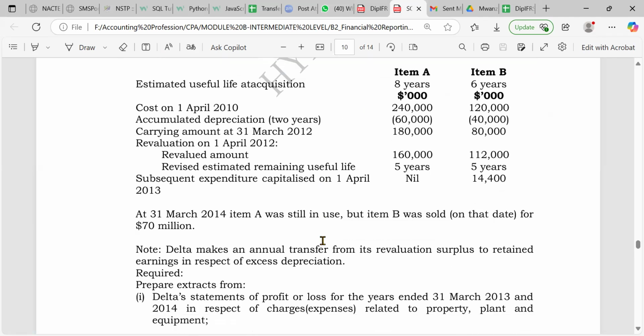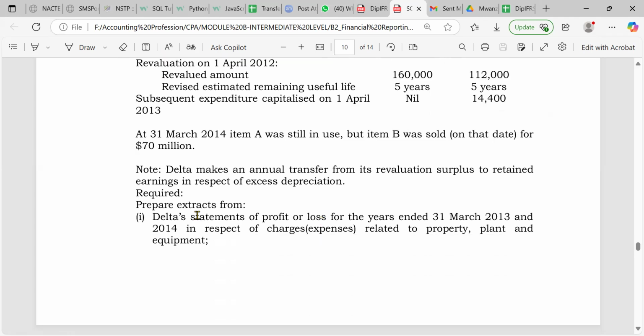A lot of explanations, but down here we are told this is what we are required to do. Prepare the extracts from Delta statement of profit or loss for the years ended 31st March 2013 and 2014 in respect of the charges, the expenses related to property, plant, and equipment.